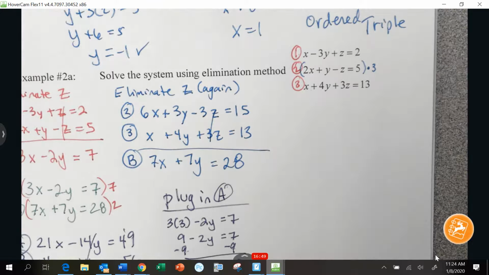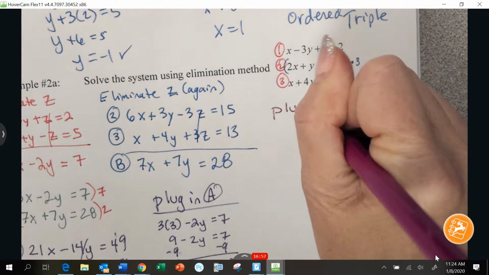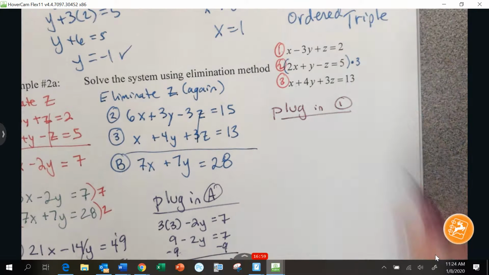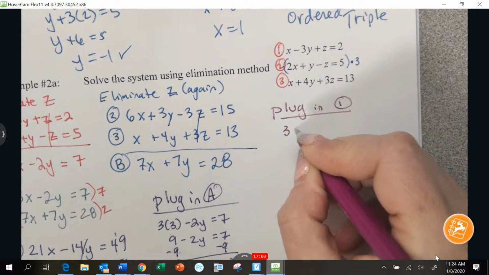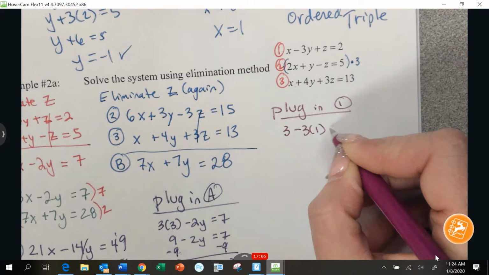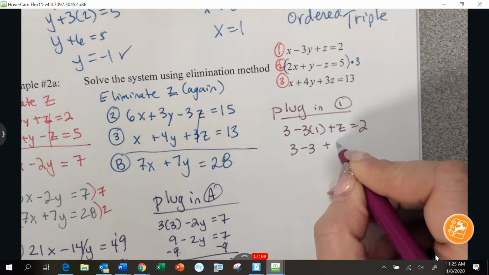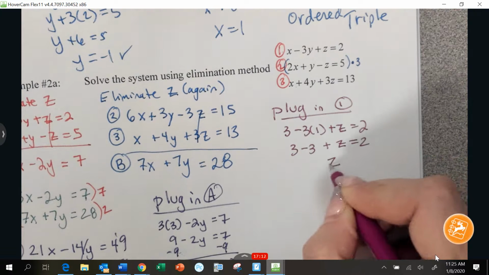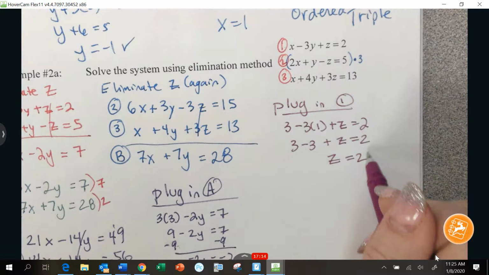So I'm just going to plug it in 1, and it equals 2.